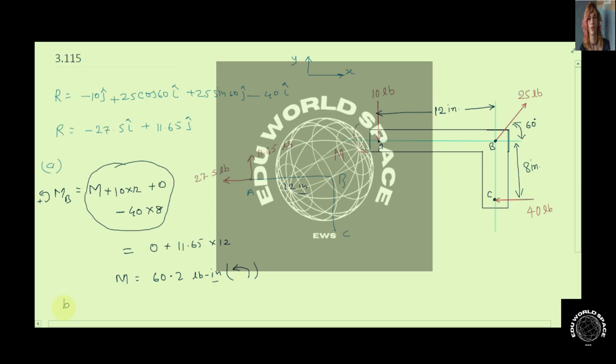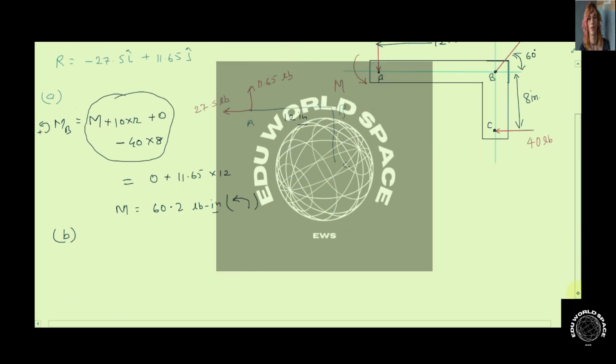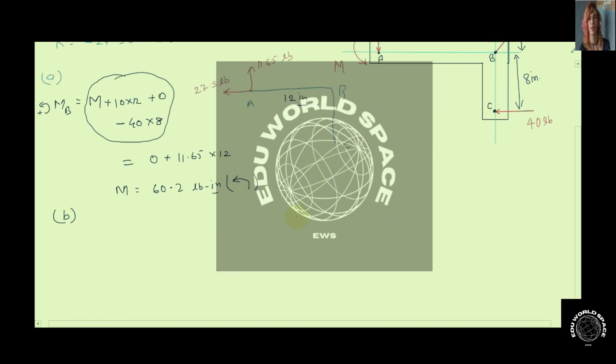Now in the second part, they are asking what should be the moment value so that the equivalent force is present at point B. So this is A, B and C. If the equivalent force is present at point B, we can draw the equivalent force as this component 11.65 pound and this 27.5 pound.